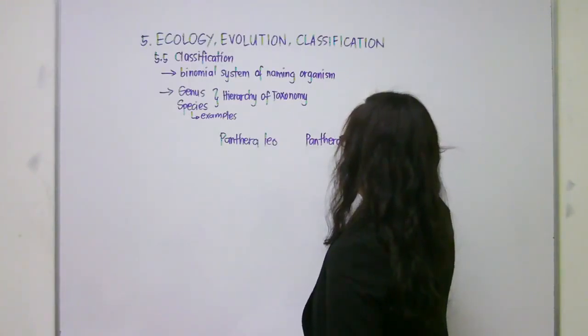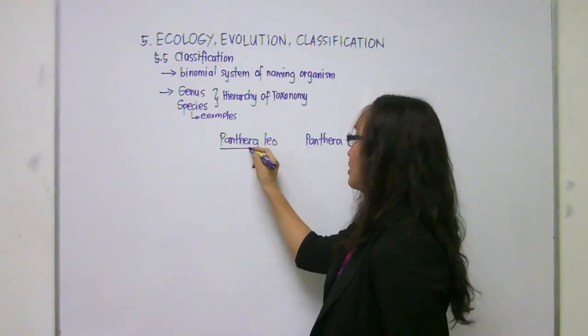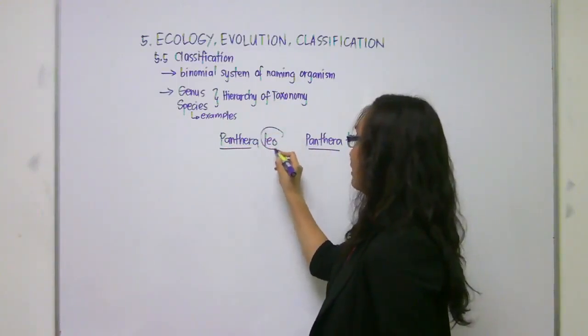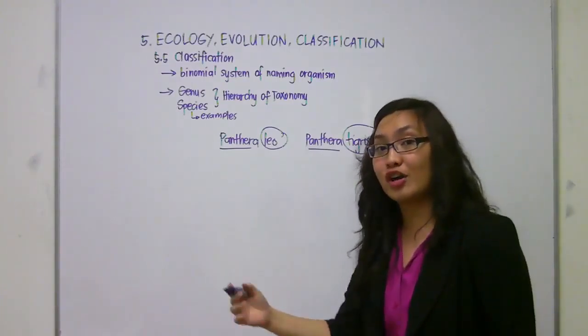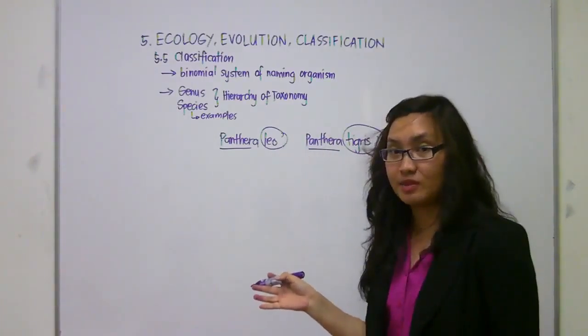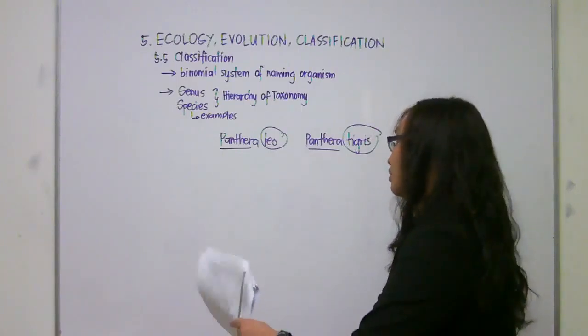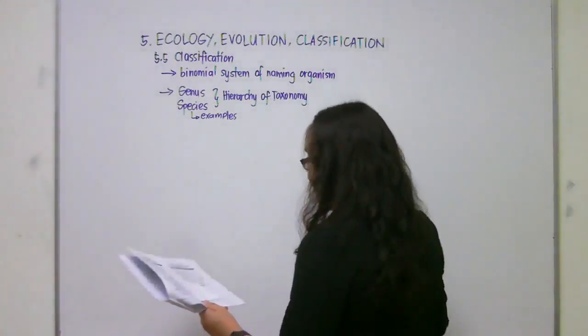By identifying what a genus is and what a species is, we are able to compare and contrast these two types of organisms. That's one of the most common examples.